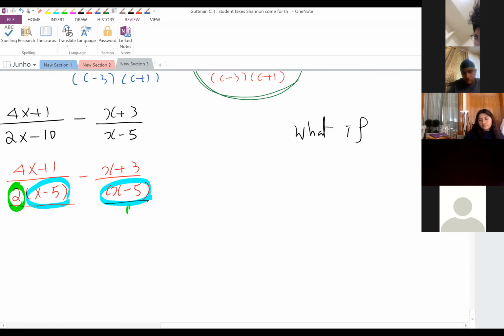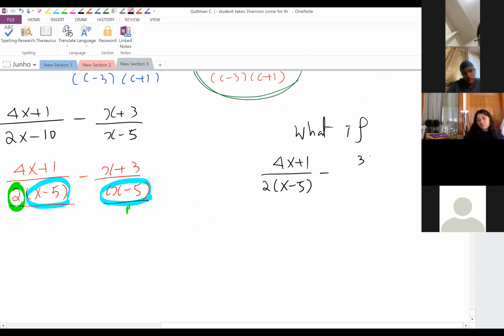we got maybe 4x plus 1 over 2 times x minus 5 minus maybe 3 times x plus 3 over 3 times x minus 5. Then as you see, that's the common factors, right?